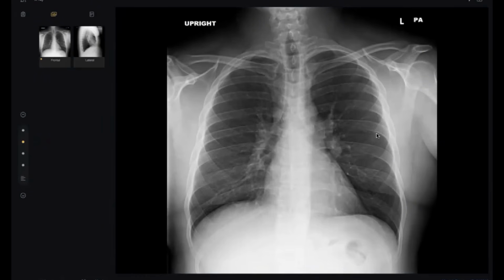Both cardiac shadows are normal. Trachea is central. What happened in both hila? Sir, there is prominence of both hila. Okay. What comes to your mind?